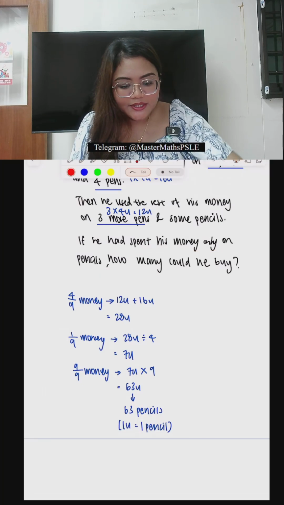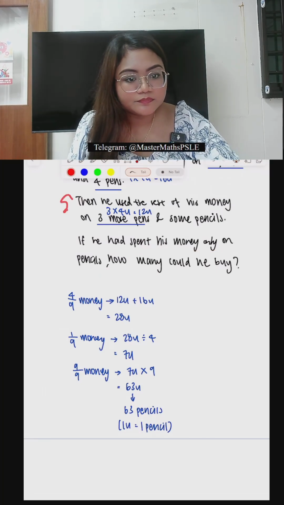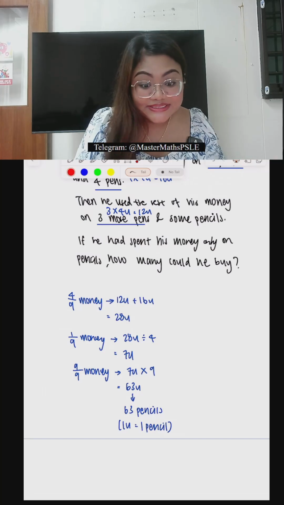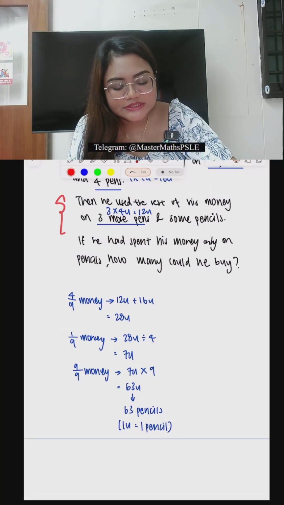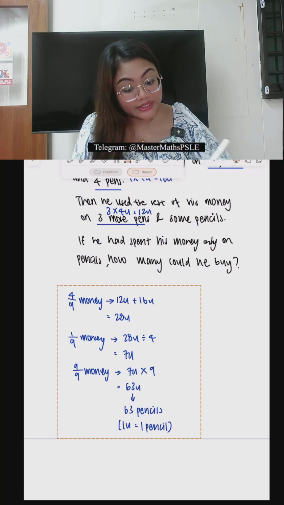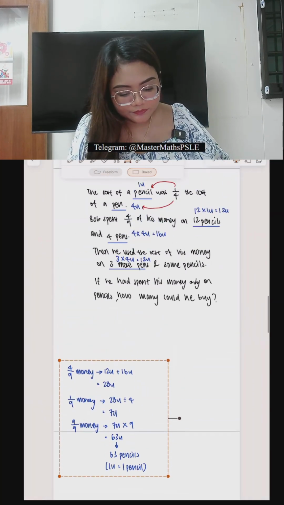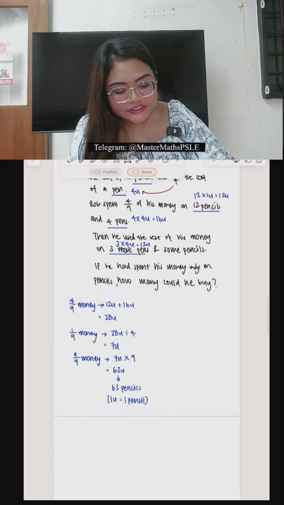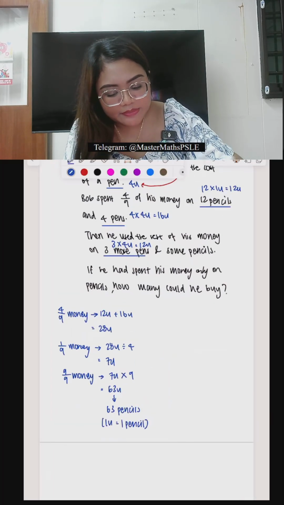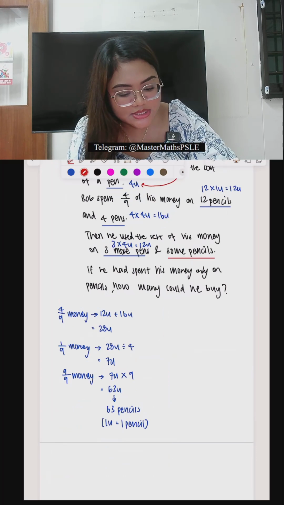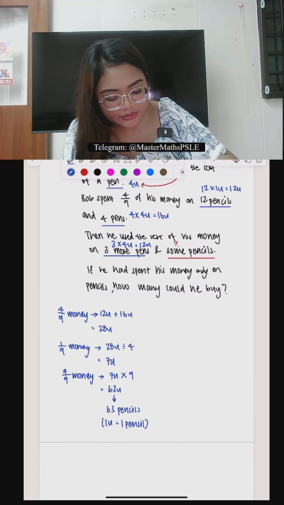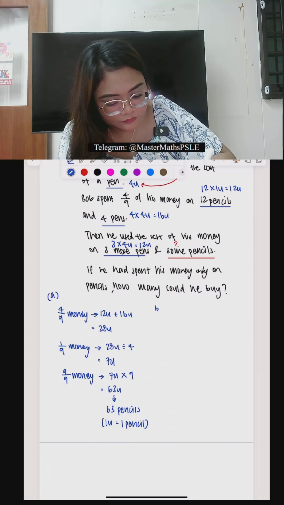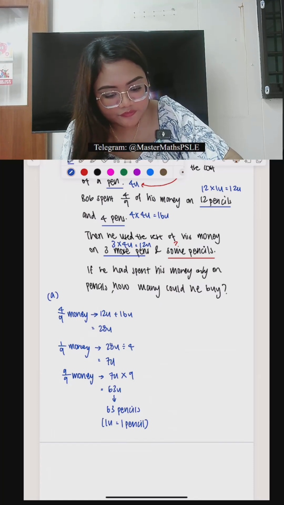Okay? But if we do use this part, there is a second part. Okay. If we do use this part, then maybe this is part A then. If we do use this part, how many pencils is this? Maybe this is the question. How many pencils is this? Then that will be the remainder. We use a different color here.